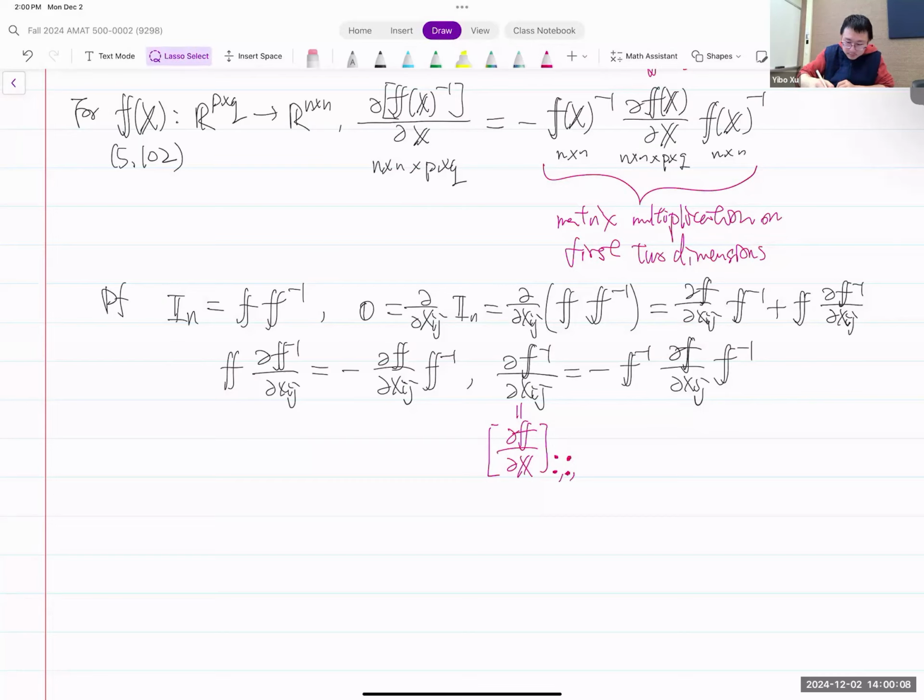Wait, that's inverse. F inverse IJ. And this part is del F del X running through the first two indices IJ.